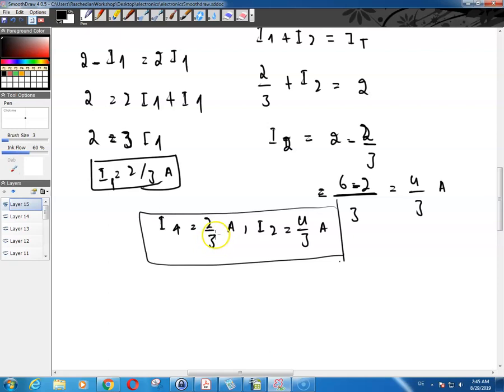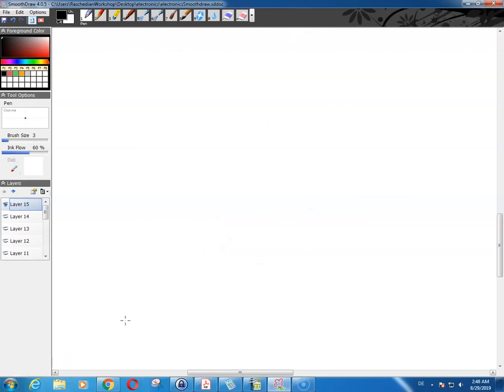Let me do another example over here. Suppose that your I(t), basically in all of these examples, you have a resistor over here, and you have another resistor over here, and they are connected in parallel.